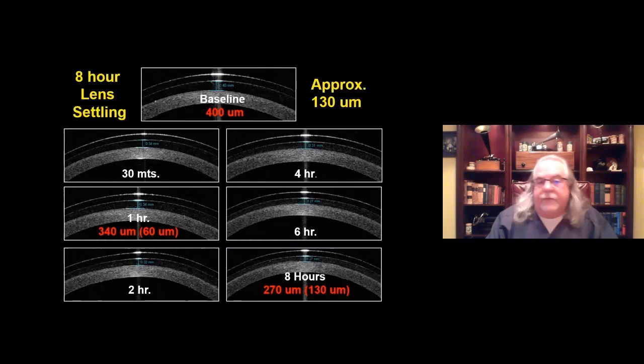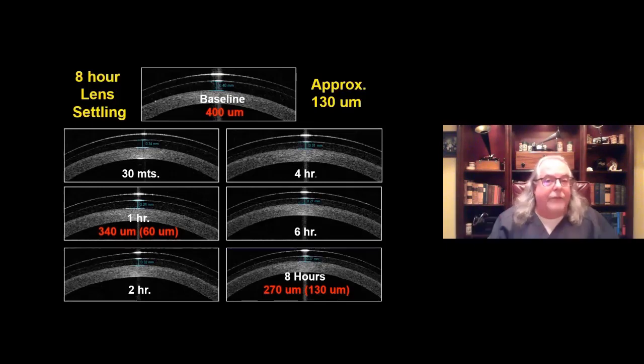So in this particular patient, where we started off at baseline with 400 microns of apical clearance, we can see that following 8 hours of lens wear, this is now decreased to 270 microns, or a 130 micron decrease in the apical clearance, secondary to the settling effect of the lens.